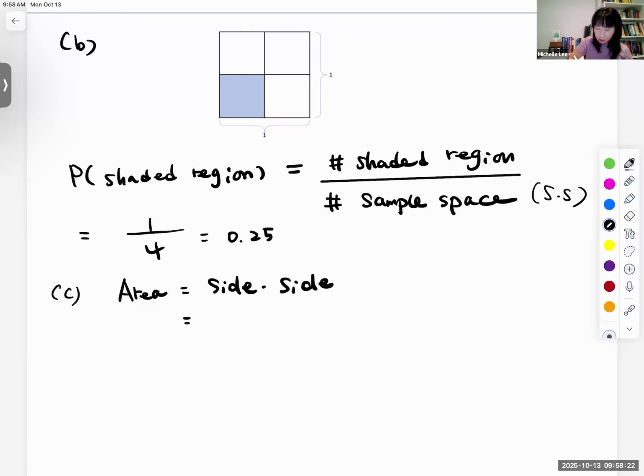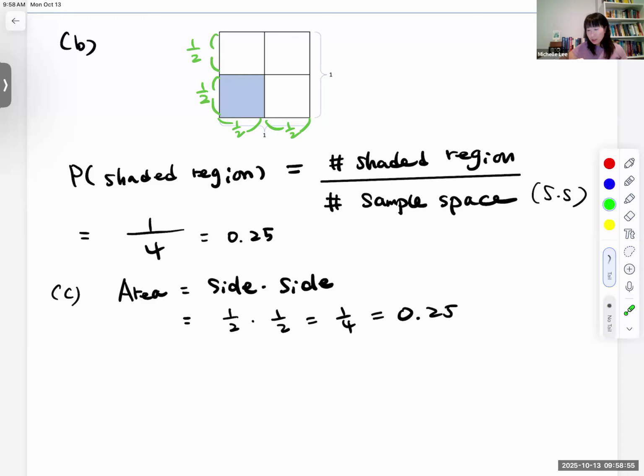Since the whole thing is 1, we get 1/2 each side, right? 1/2 here, 1/2 here, which is 1. And also 1/2 here, 1/2 here too. So we get 1/2 times 1/2, which is 1/4, which is 0.25. What can we see?